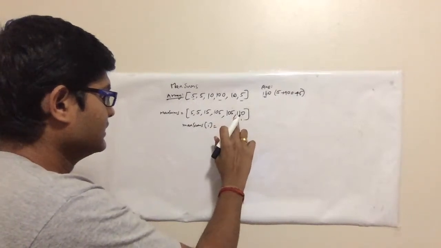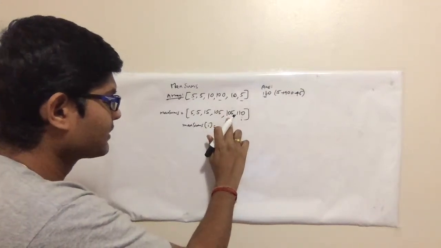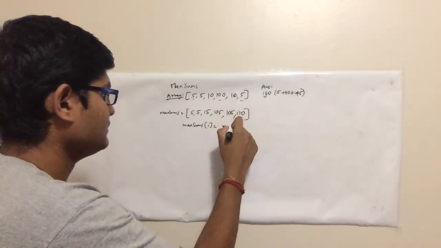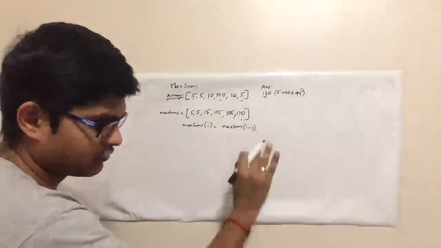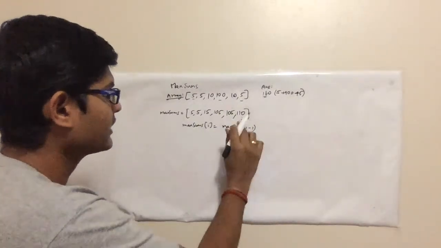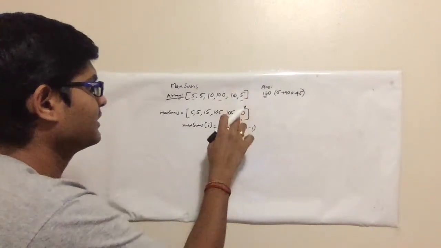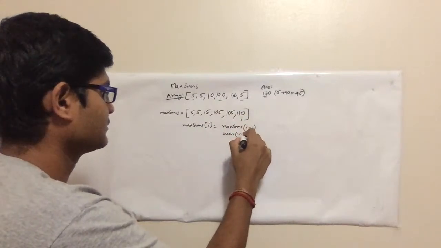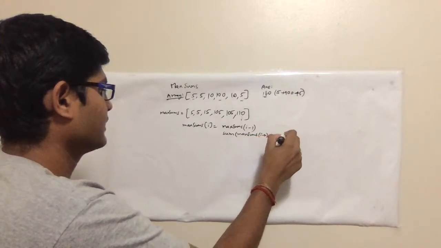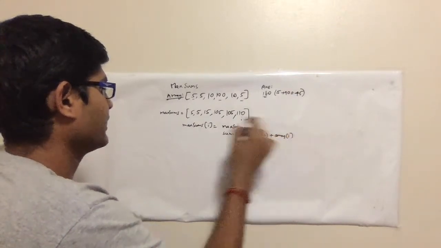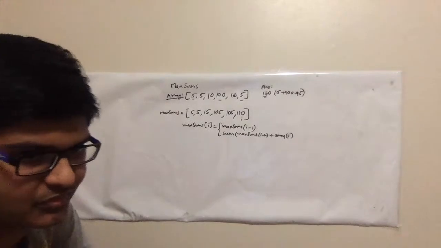So the next maximum sum could be just the previous element, maximum sums of I minus 1, or you can get it another way: add this and add I minus 2, maximum sums of I minus 2 plus array of I. So among these, we can proceed.